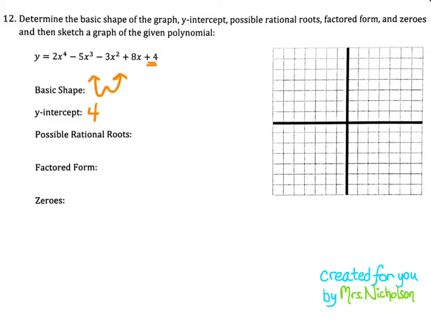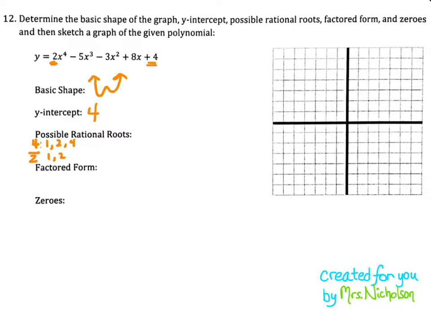My possible rational roots. Remember, to get the rational roots, it's going to be the factors of the constant term, which in this case is 4, over the factors of the leading coefficient, which here that number is 2. So my factors of 4 are 1, 2, and 4. And then the factors of 2 are 1 and 2.